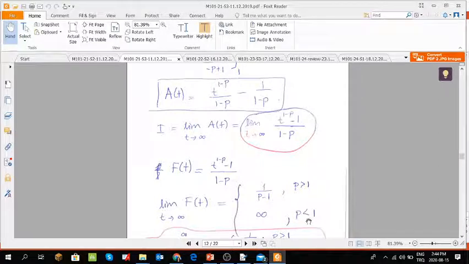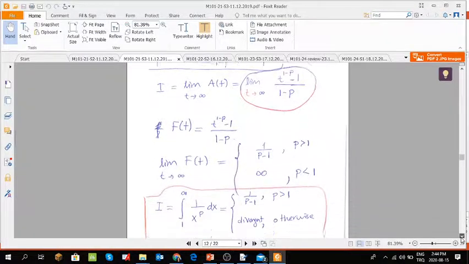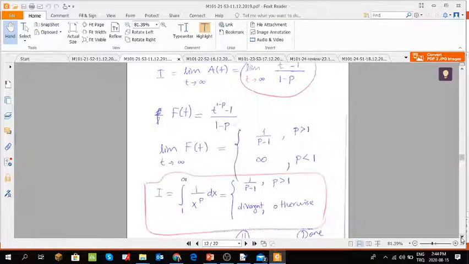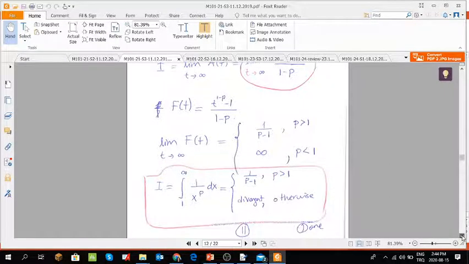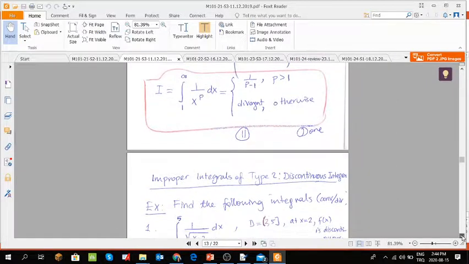If p is less than 1, then this is definitely infinite, so the result is infinite. So it's going to be convergent when p is strictly greater than 1. So we conclude that the integral I from 1 to infinity of 1 over x to the p dx is convergent when p is greater than 1. It is divergent otherwise, and the value is 1 over p minus 1.